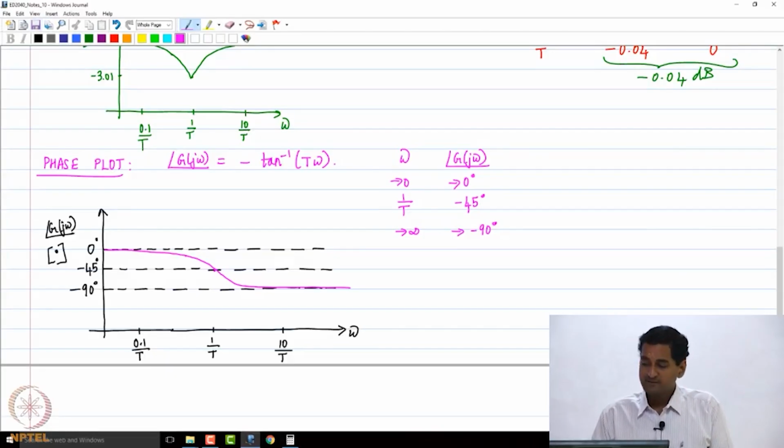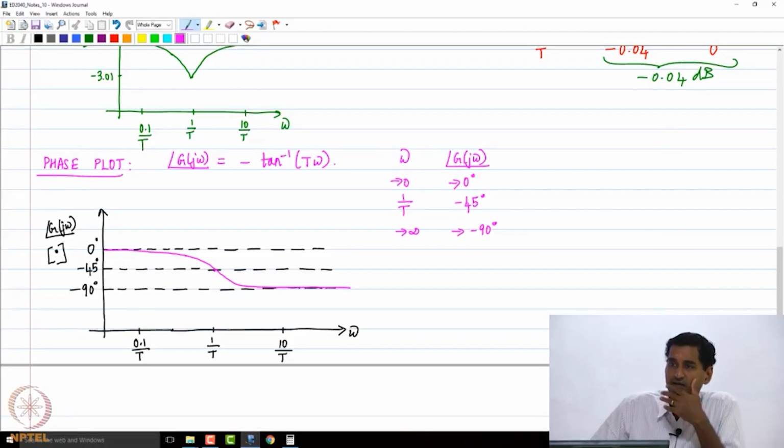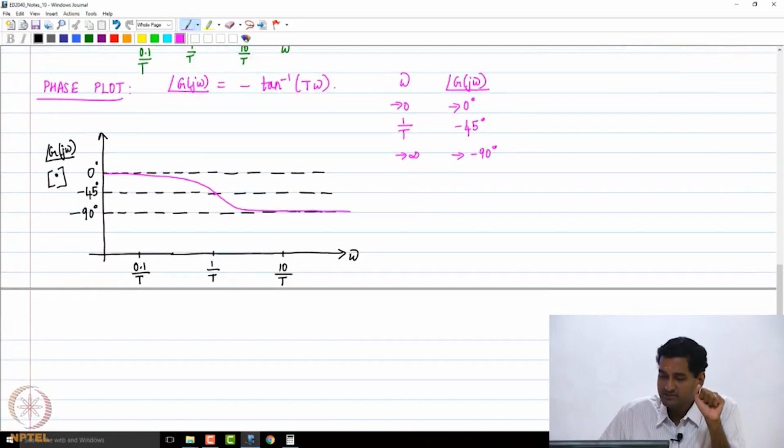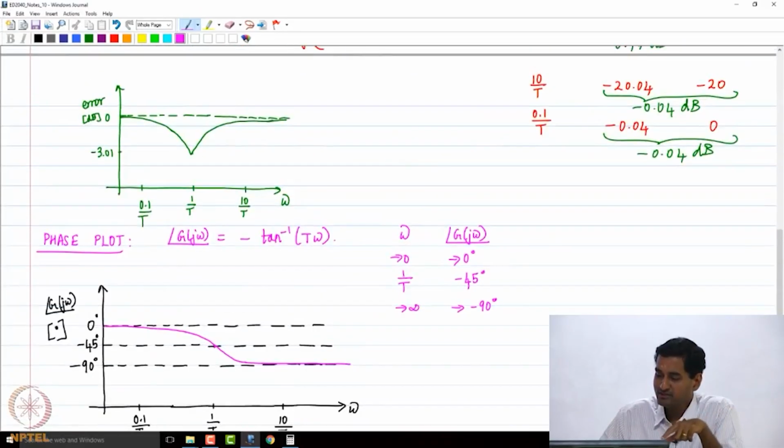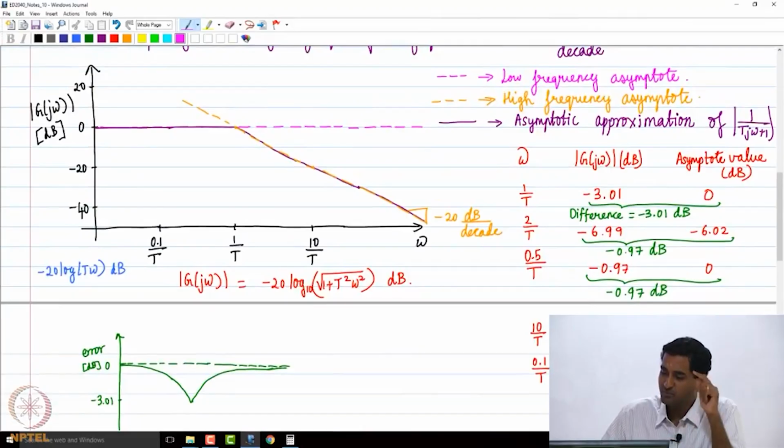So what we have done is that we have plotted both the magnitude plot and the phase plot for the factor of the form 1 by capital Ts plus 1. Now the question becomes, what happens to the reciprocal? Same story, let's quickly run through it. But before we do that, let's look at this magnitude plot, and on this plot, let me plot the actual one.